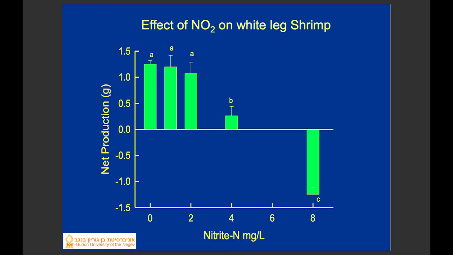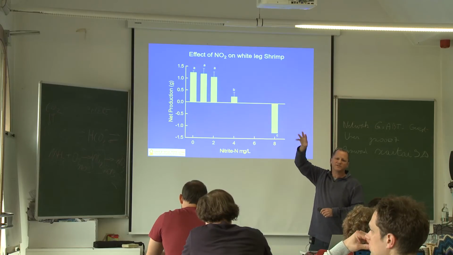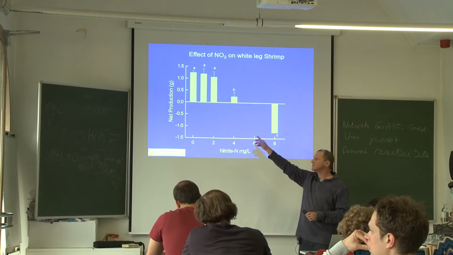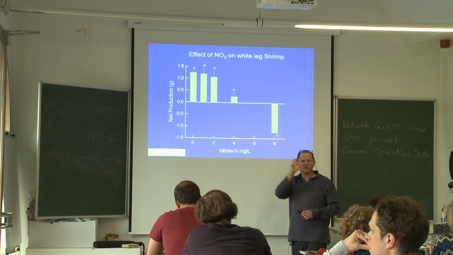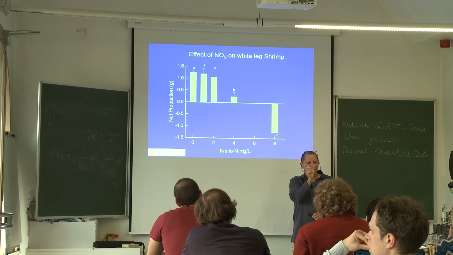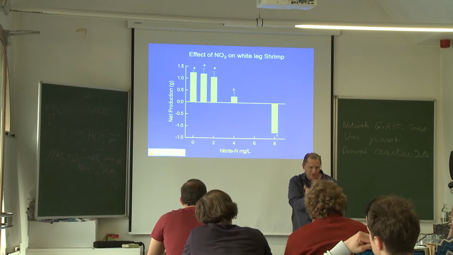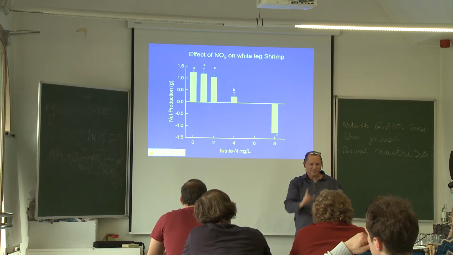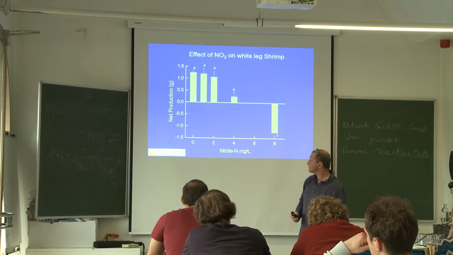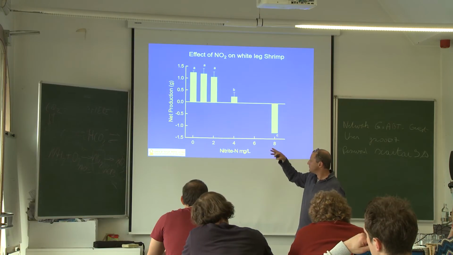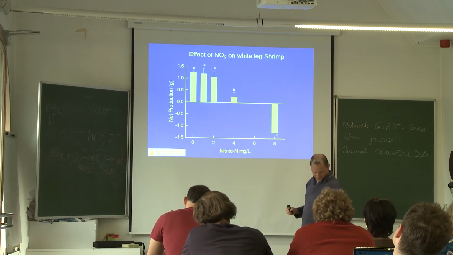Really, the important thing when you determine this toxicity level is how you do it, and you have to look at the performance and not only at the LC50, which is the traditional way to determine toxicity. Okay. LC50, lethal concentration of 50% of the population.